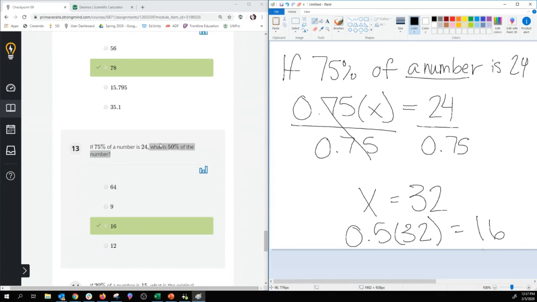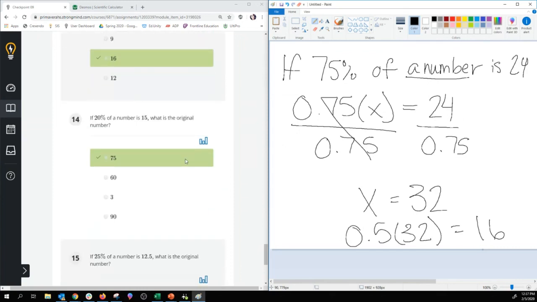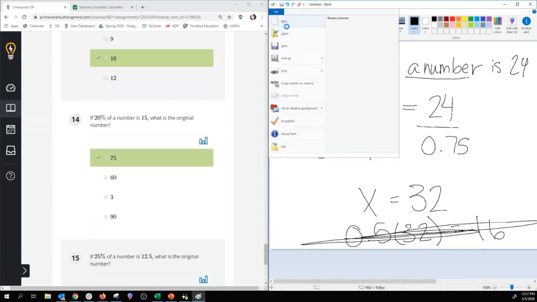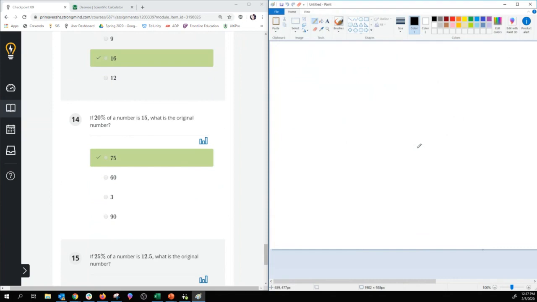All right, then we have two more. This next one says, if 20% of a number is 15, what is the original number? So this one's actually easier than the two we just did before, because this one is just asking us to do this first step. So this step on the bottom, we're not doing. So let's see, we have, if 20% of a number is 15.